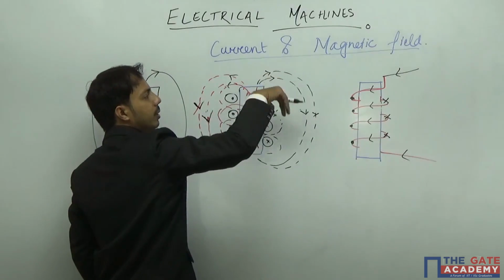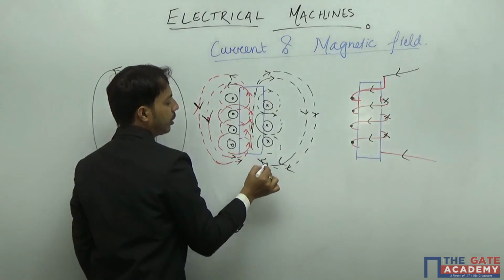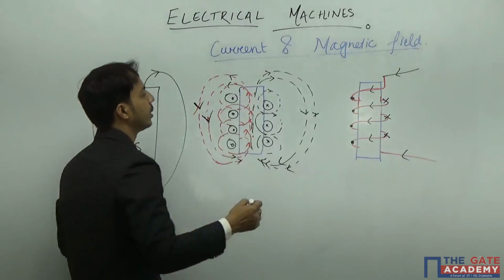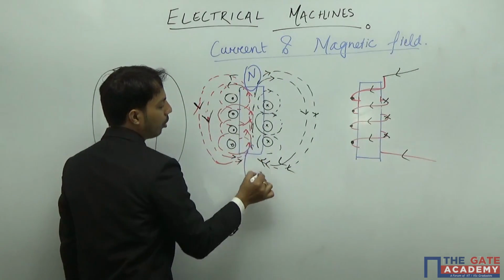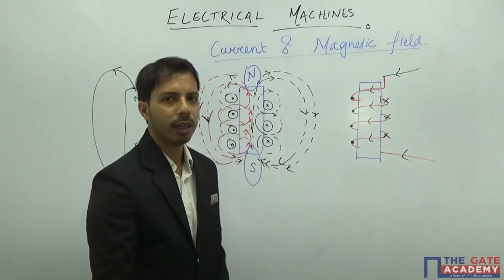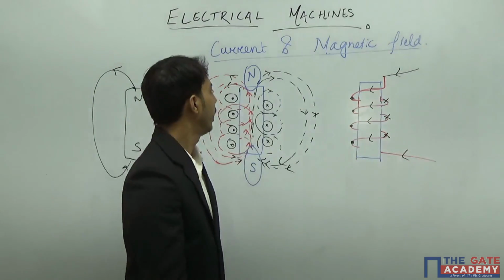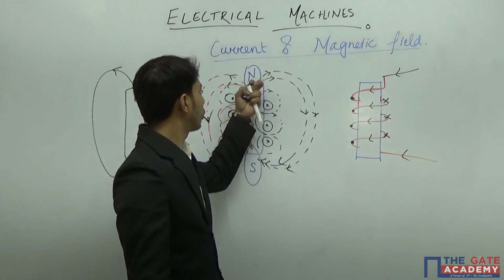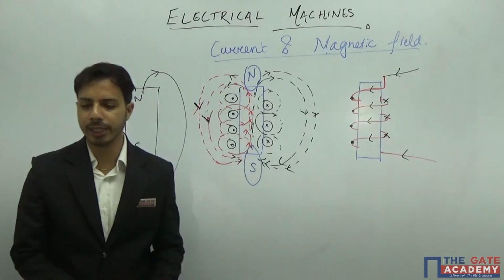Here it is clockwise, so it is coming out from this and going inside through this. So I can say that this particular point is nothing but my north pole, and this particular point is nothing but my south pole. So this is how a solenoid or a coil or an electromagnet, whatever you say, due to these current carrying coils, will have north poles and south poles. This is why they are created.